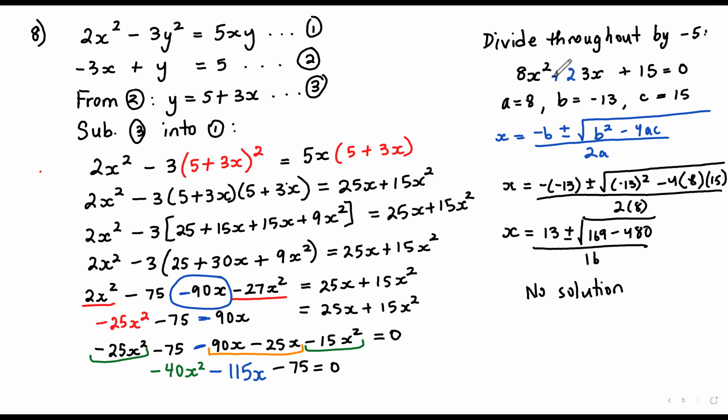And it would be plus 23. And this would be, well, 15 would be correct still. So then B would be, this is minus B. B would be 23.